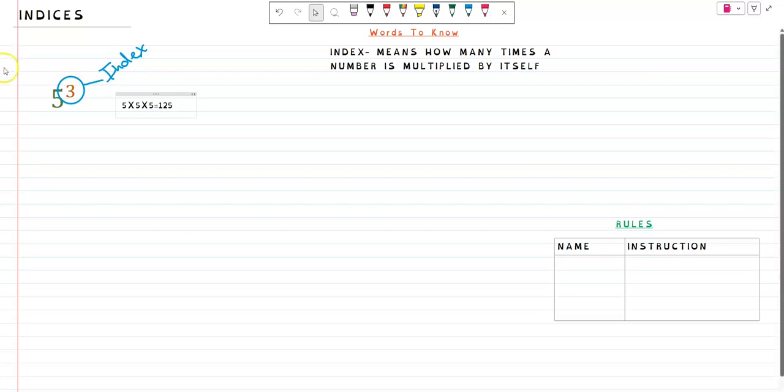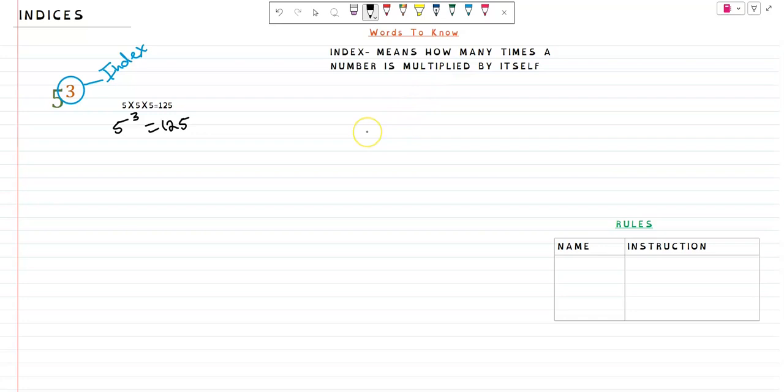But instead of writing this long equation, we can just write 5 to the power of 3 equals 125. As easy as that. And that is what indices are. So an index means how many times a number is multiplied by itself.